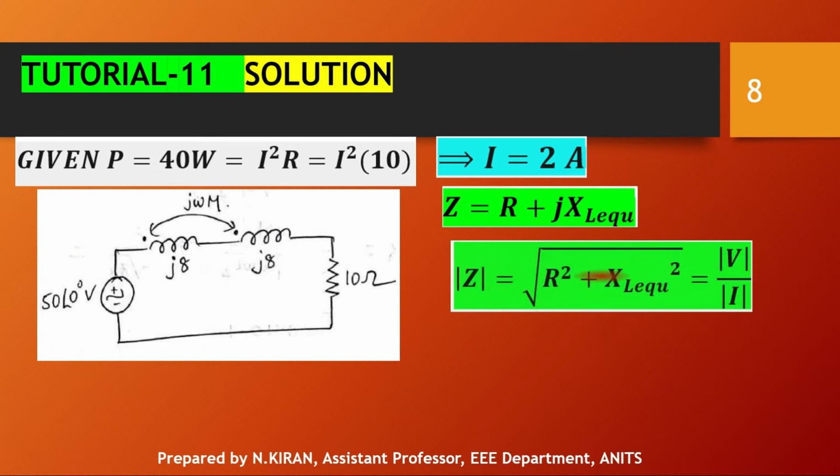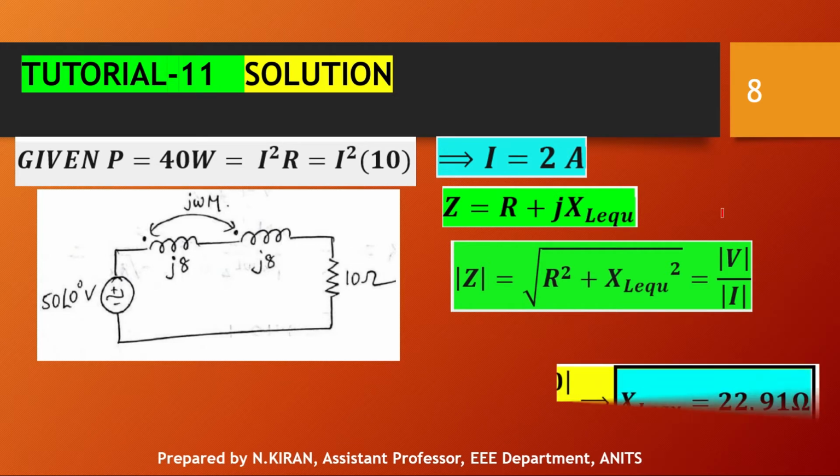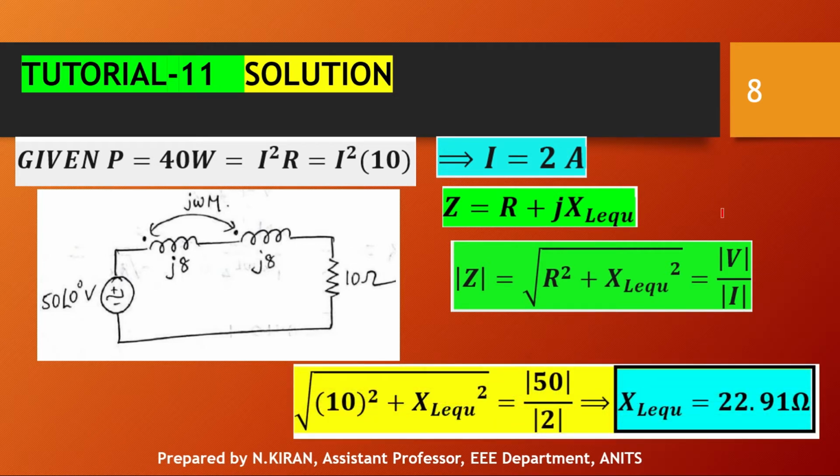The magnitude of Z can be written as magnitude of voltage by magnitude of current, or the root over R square plus XL equivalent whole square. So 10 square plus XL equivalent whole square is equal to magnitude of voltage, which is 50, divided by magnitude of current, which is 2. From that I'll get XL equivalent to be 22.91 ohms.